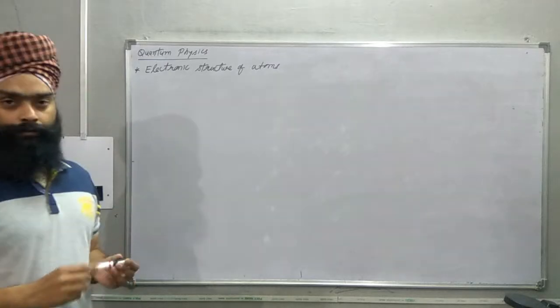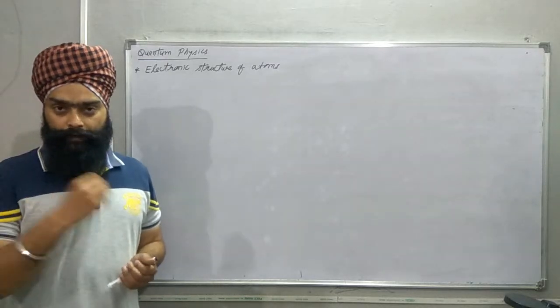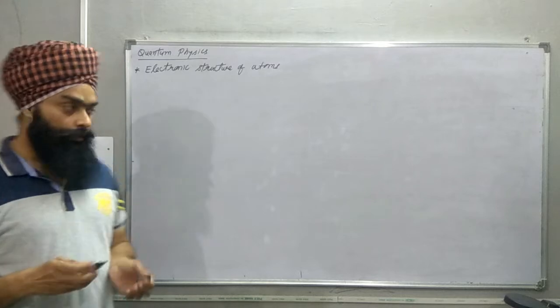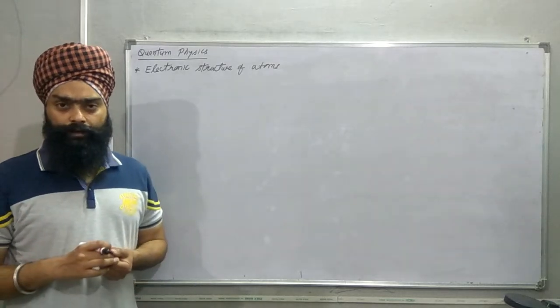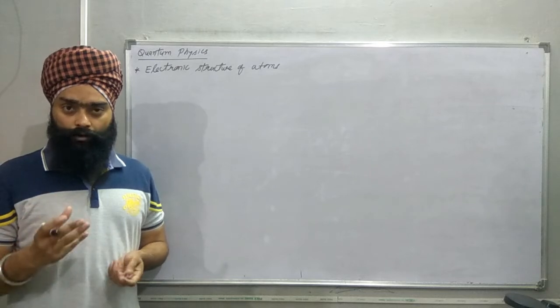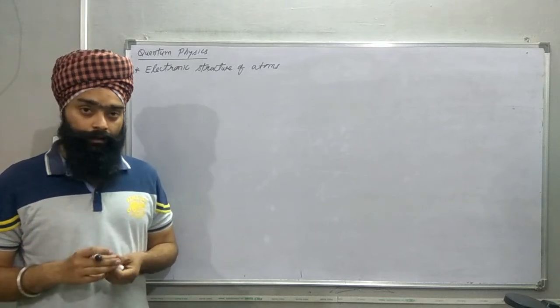The next point is important from the competitive exam point of view. Let us say we have an example where we need to find the total number of electrons occupied in an orbital.